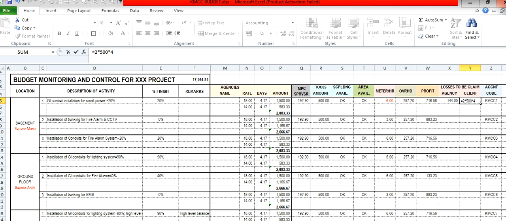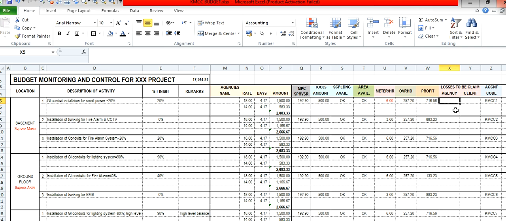So every 2 hours we cannot work because there are no materials. So we have to claim that from the client. The important thing in claiming losses is whether we have a supporting document.